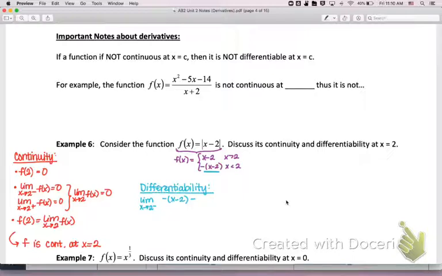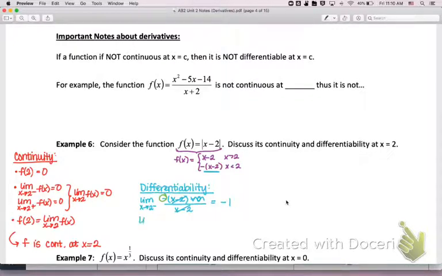We've already figured out f of 2. Even from the left, it's going to be 0. Over x minus a, which is going to be x minus, again, a is 2. If we think about what happens here, the 0 is really irrelevant. So we have negative (x minus 2) over x minus 2. These divide out, but they leave a negative behind, and so the answer here is negative 1.